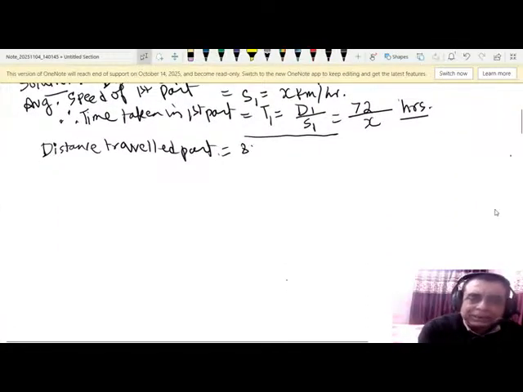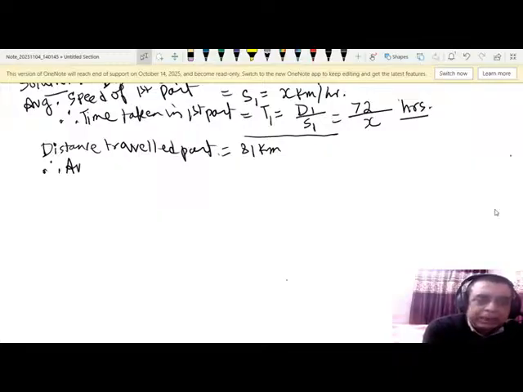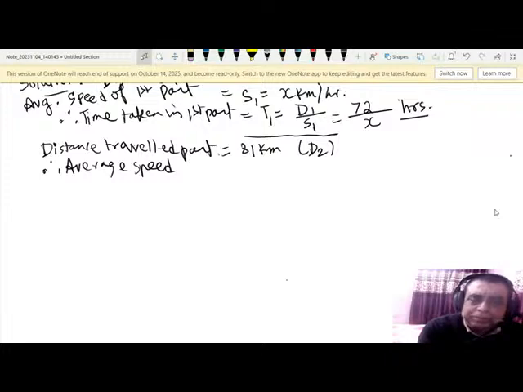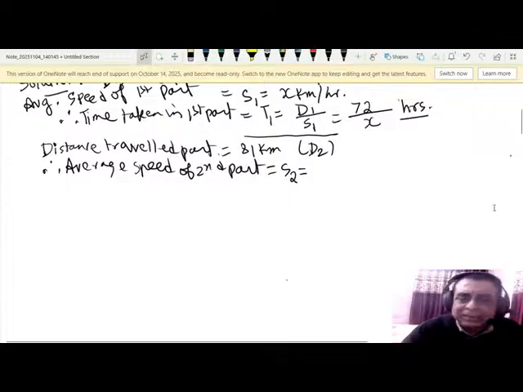The average speed of the second part, write it as s2.